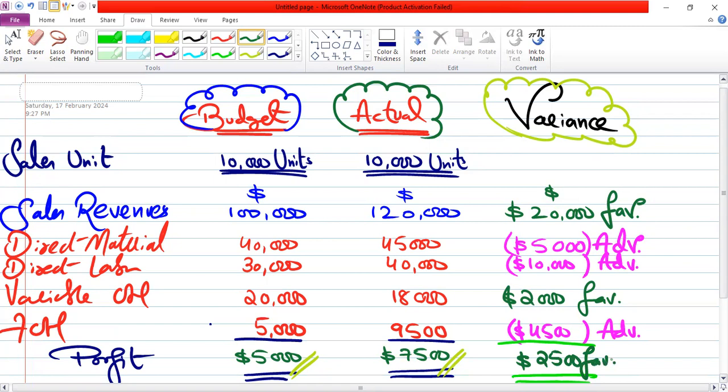That is the inception of variance. This is how variance analysis arises when you compare your budget with actual. And in this illustration, the budgeted units and actual units are the same, so we just compare budget versus actual. Got my point or no? Any problems? No, sir, no problem.